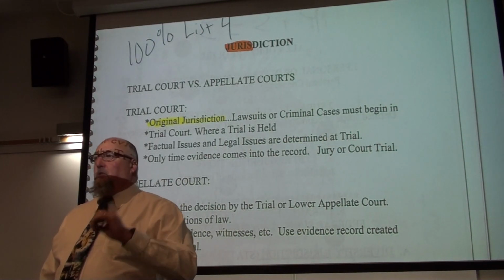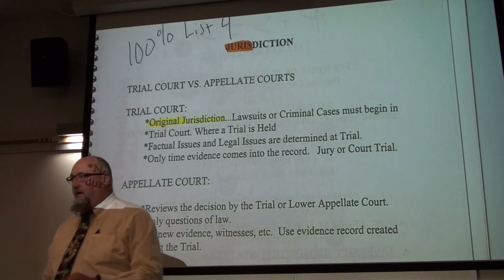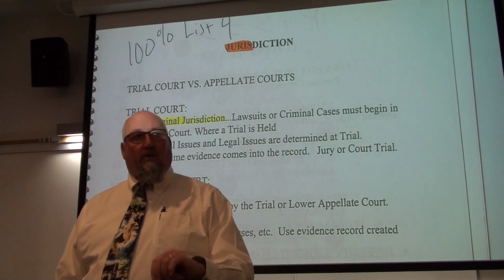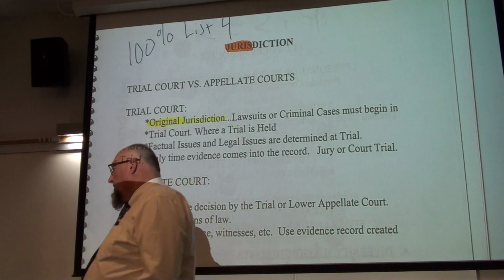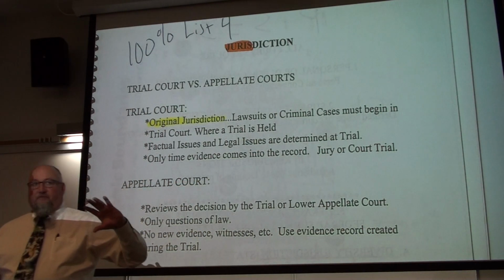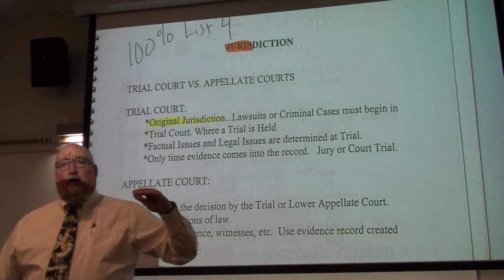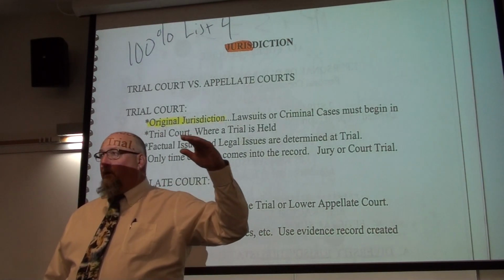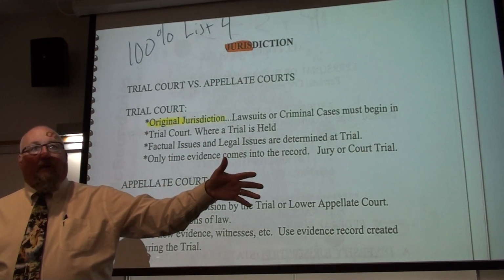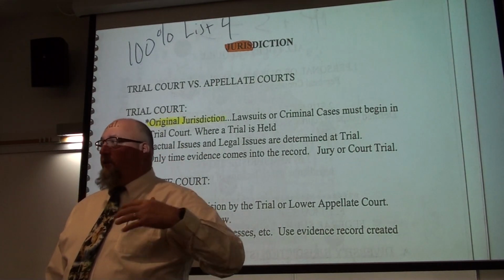That means that is where I have to start a lawsuit by filing it in a trial court within the proper location. So if I file, the idea, it's kind of like the upside down funnel. If I file my lawsuit in a higher level court, like an appellate court or a Supreme Court, the court's going to throw it out because it's not a court of original jurisdiction.